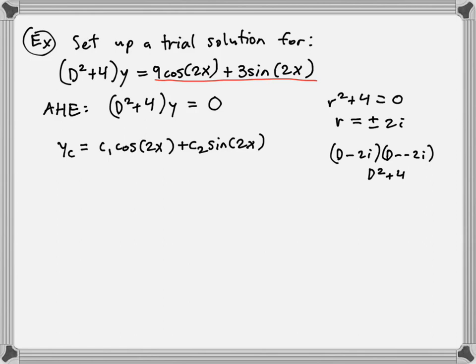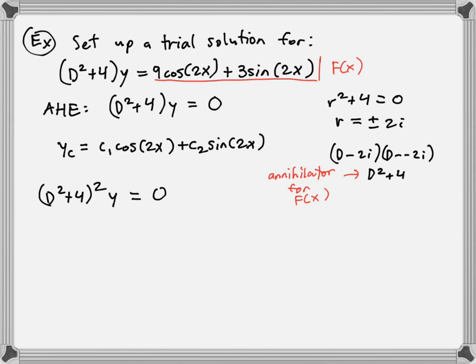So this is the annihilator for f of x. Remember, this whole right side we call f of x. We apply it to both sides, and we end up with d squared plus 4 squared y equals 0.